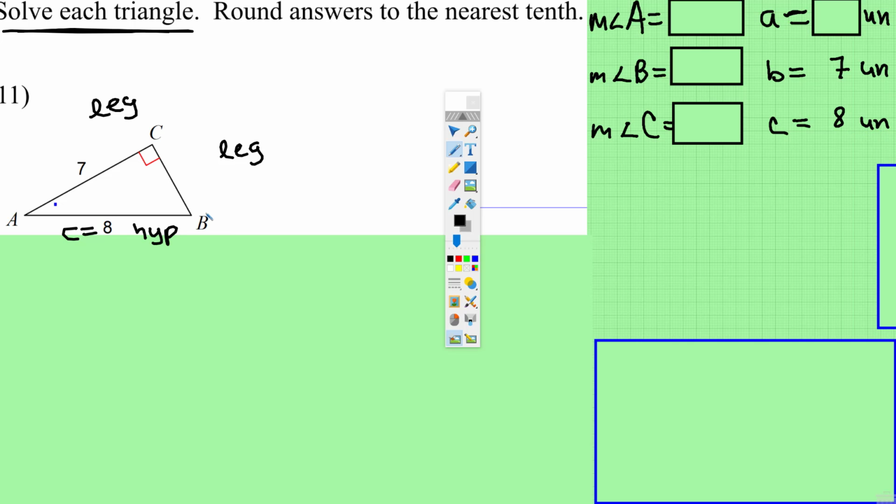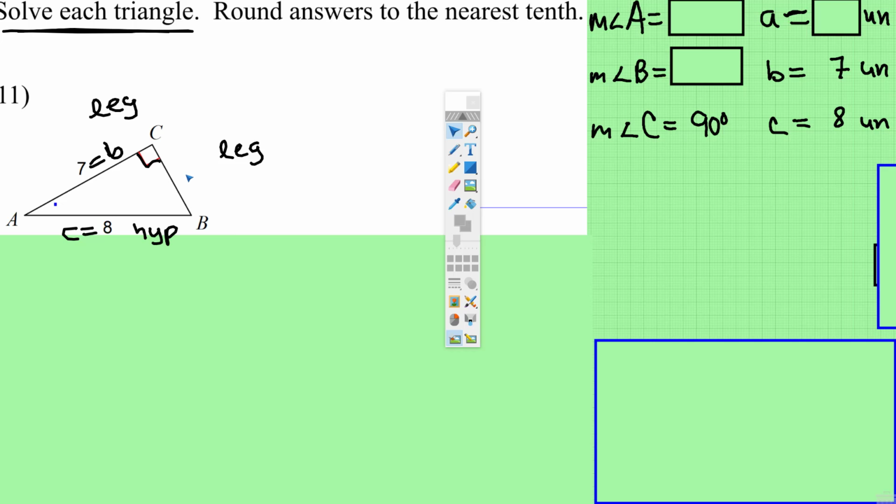Notice it doesn't tell us any measurement, so I just put units. And then the side opposite angle B will be side b, and that's 7 units. Well, we don't know A. They did give us an angle. Angle C is a right angle. So we do know that.